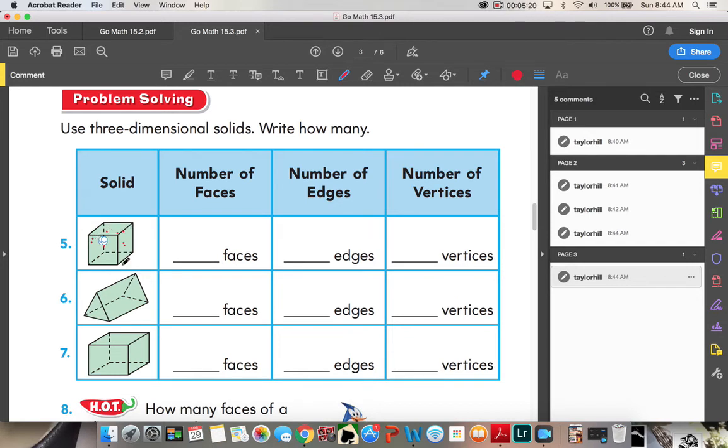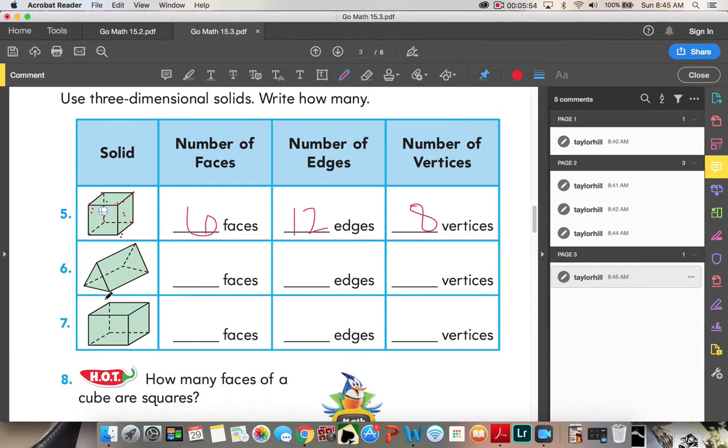Okay, 1, 2 on bottom, 4 around, so that's 6. 6 faces. Number of edges, where all these meet. 1, 2, 3, 4, 5, 6, 7, 8, 9, 10, 11, 12. 12 edges. And the number of vertices. 1, 2, 3, 4, 5, 6, 7, 8, which is the corners.